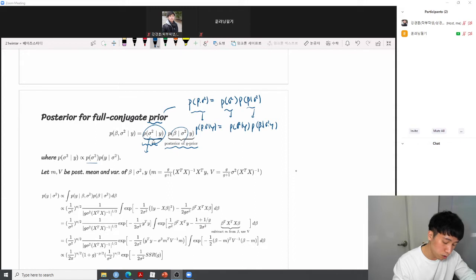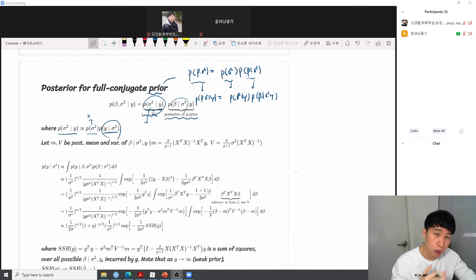So the posterior of sigma squared is proportional to the prior and the likelihood. And since the prior depends on our own choices, it is not our problem. The problem is this one, the likelihood of the data where all the effect of beta is integrated out, right?